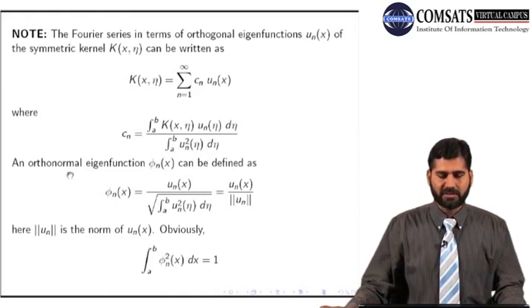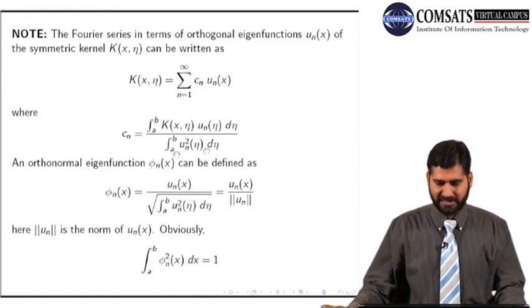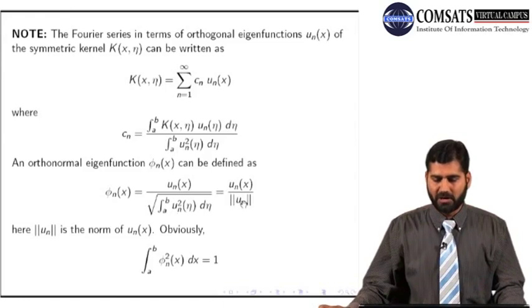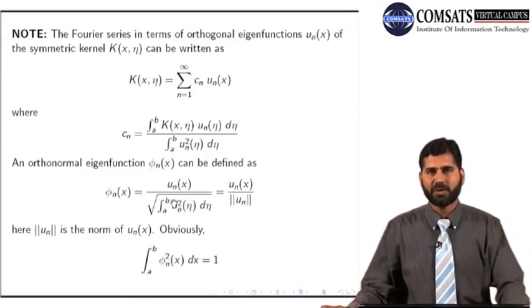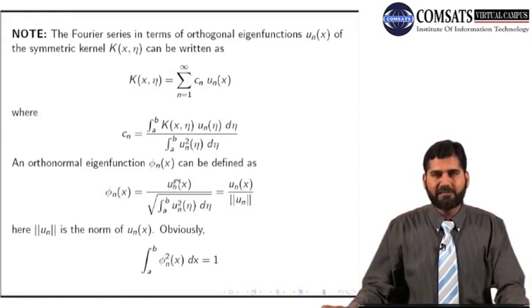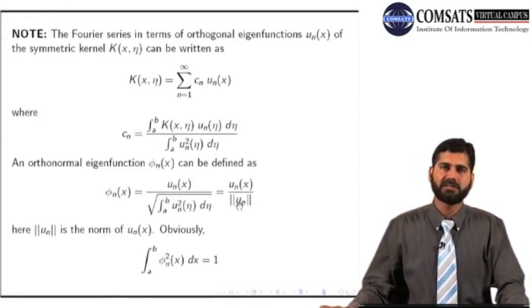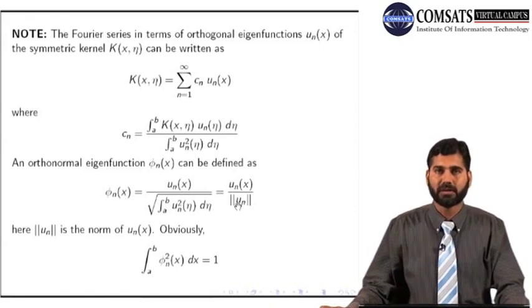Alright? An orthonormal eigenfunction can be defined as follows: if you want to write orthonormal eigenfunctions, you divide by this factor. You see, this factor is the normalization factor. Square root of this one is called the norm of the eigenfunction, or any function. Norm of un is defined as the square root of the integral of un square. If you divide every function by its norm, your resulting function is orthonormal.